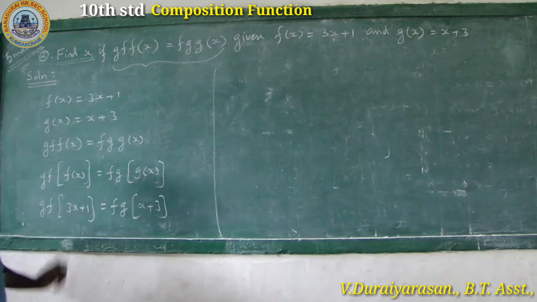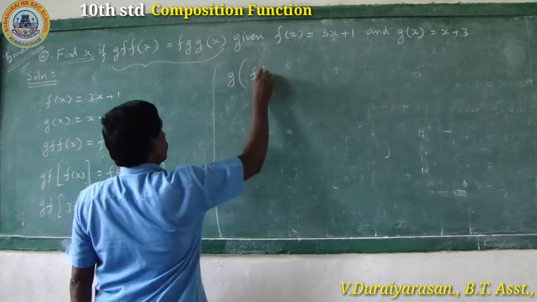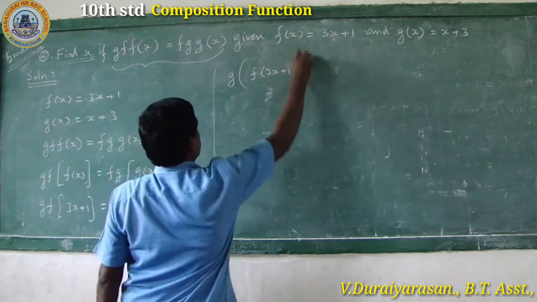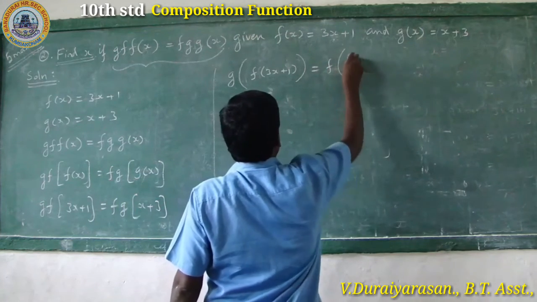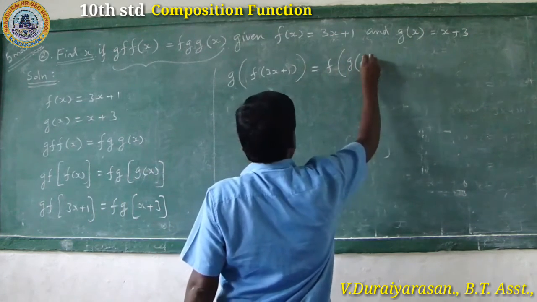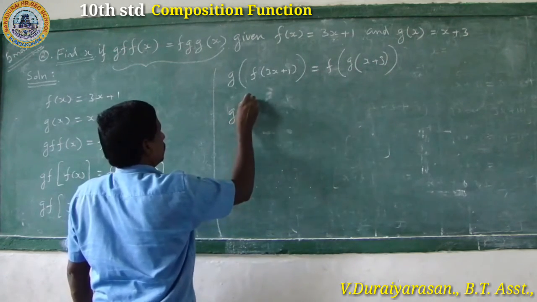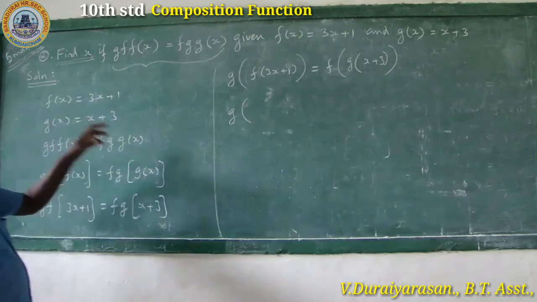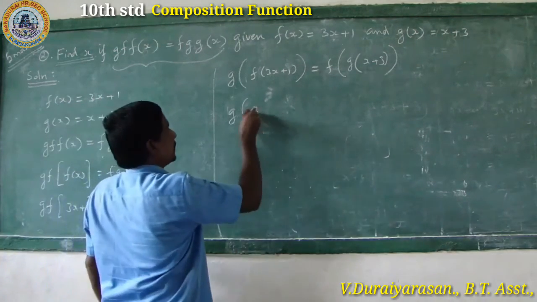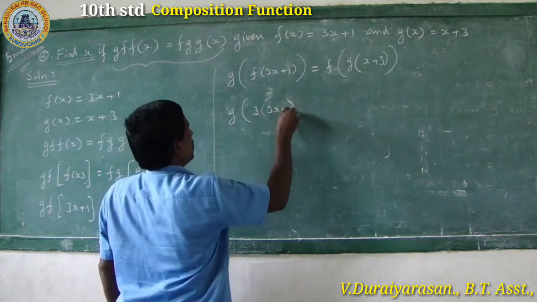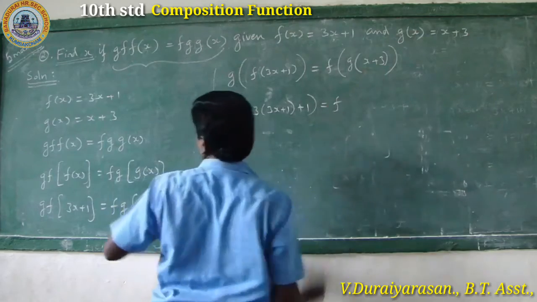Rewrite the function: g of f of x is equal to 3x plus 1 plus 3. g of f of x equal to what? Multiply by 3 and add 1: 3 of 3x plus 1 plus 1.